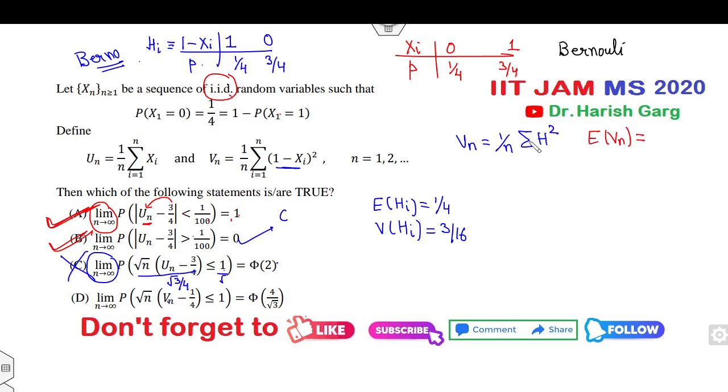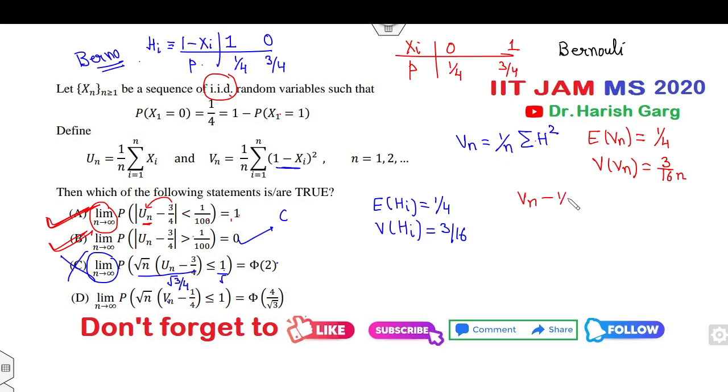Because they are IID, you can simply write it as the mean. So it's 1 over 4, n will be cancelled out. So it is 1 over 4, and the variance of Vn is 3 over 16 n, because it's n square.